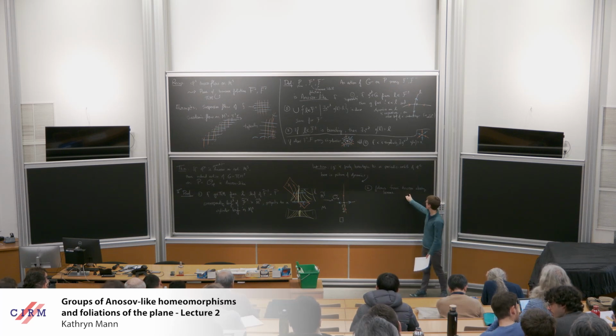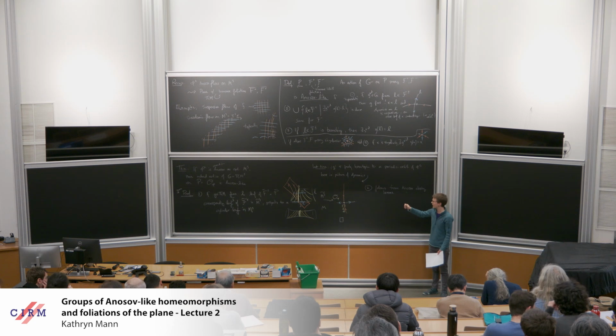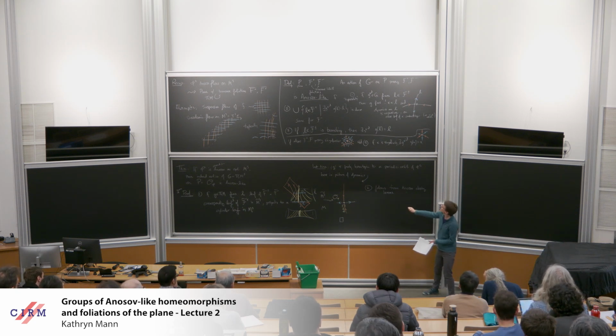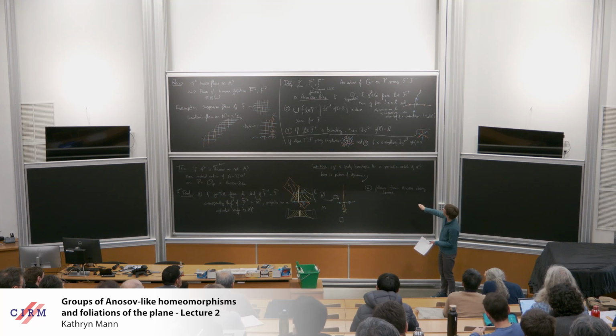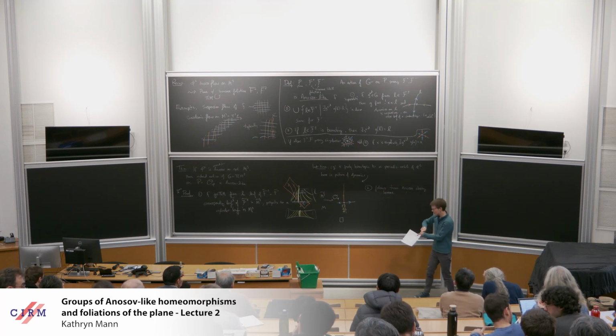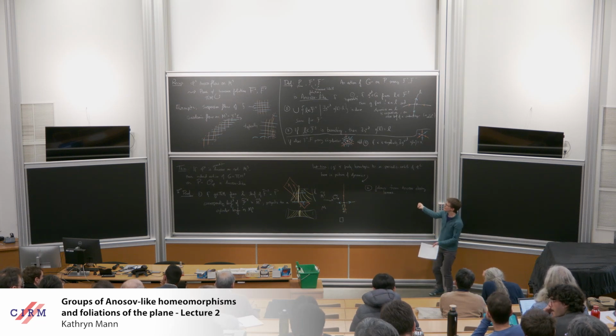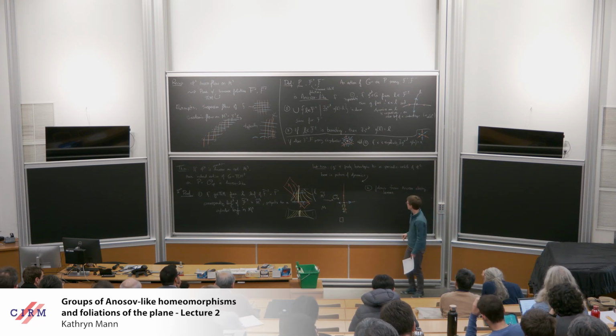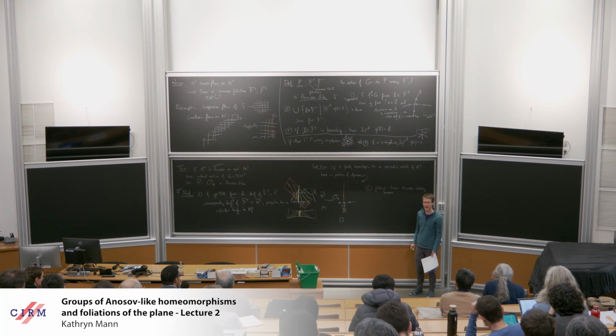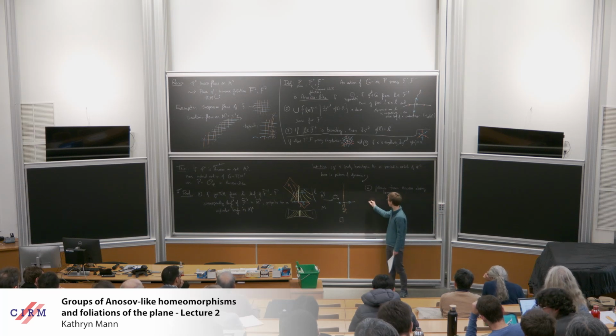The Anosov closing lemma is going to let you find, if you take an orbit that's not on one of these fixed leaves, well, it's not periodic, so it'll accumulate somewhere, and you use the closing lemma to find a nearby periodic orbit, and you keep track of your epsilons and deltas to get this density type statement. Okay. So that's something I'm happy to explain after if someone is into this kind of dynamics.